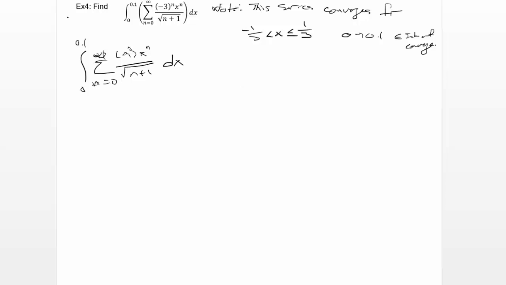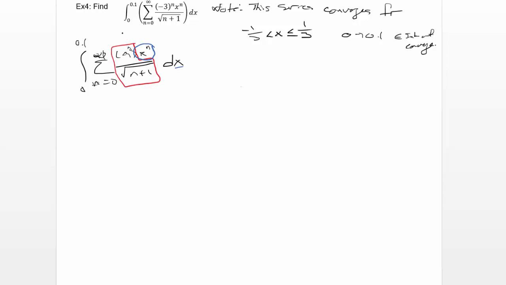So all the unknowns that are not x's, in particular this (-3)^n and the square root of n plus 1, do not involve the term x. So in the eyes of this integral, these are constant terms. The only thing that's a variable that's going to change is the thing that's got an x in it.